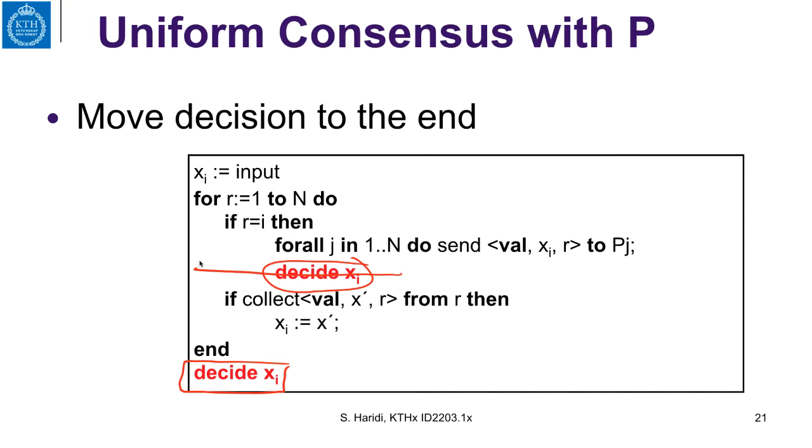So in the event-based notation, it means just do not decide until the last round. And we know this will work out because it's only processes that survive until the last round that are going to decide. All other processes will fail without deciding, and the processes in the last round will adopt the same value.